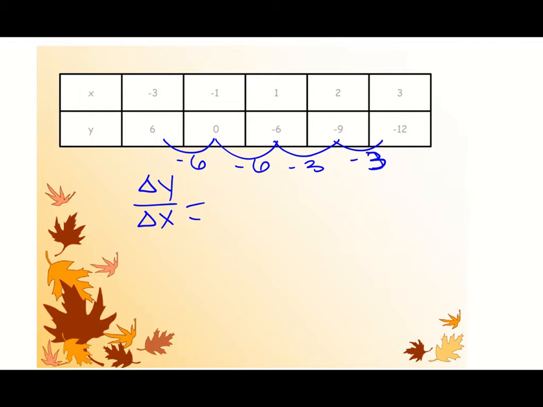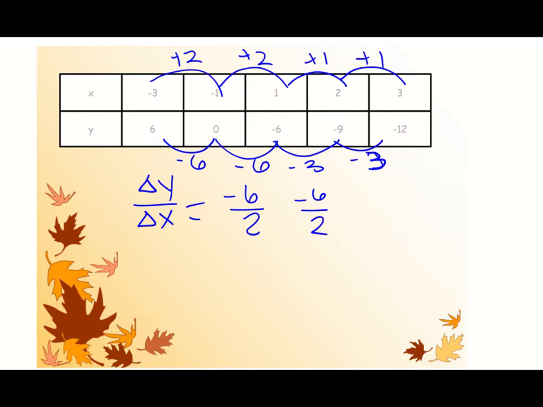Up on top, I have my change of x, which is plus 2, plus 2, plus 1, plus 1. So if I do my change of y over x, I'd have negative 6 over 2, another negative 6 over 2, a negative 3 over 1, and a negative 3 over 1.